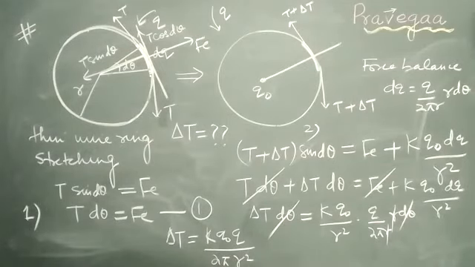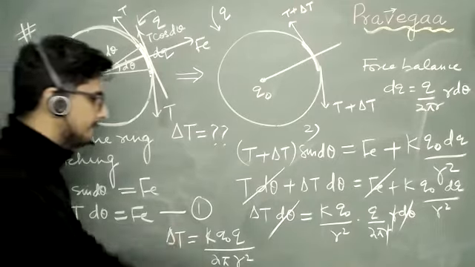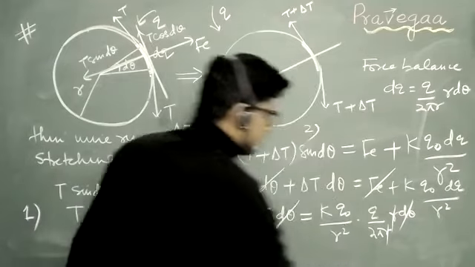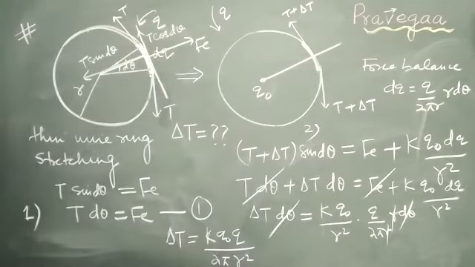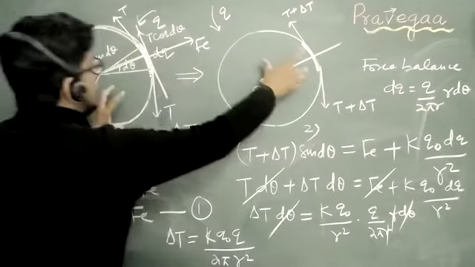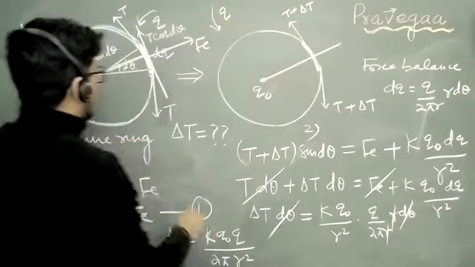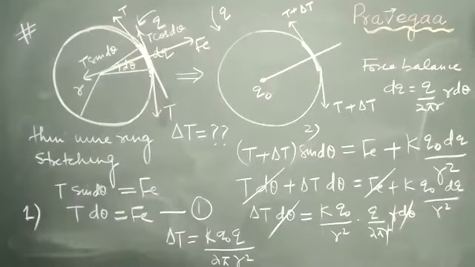Yes or no? Yes, sir. No new parameter is there, na? Yes, sir. So this is your change in tension in the wire because of the introduction of this charge Q naught.